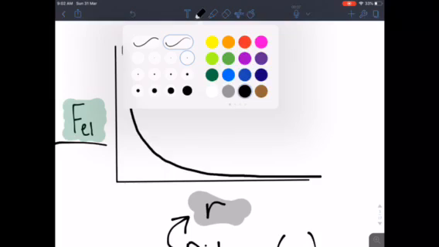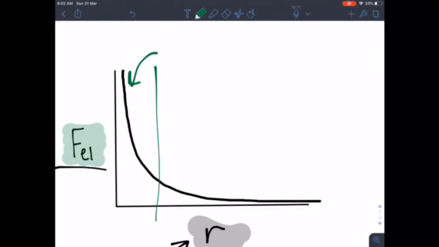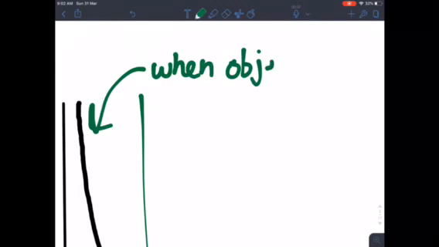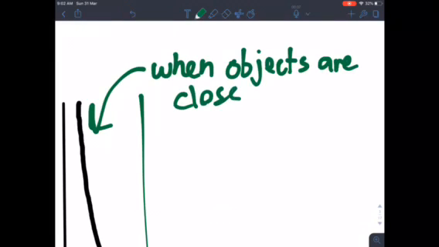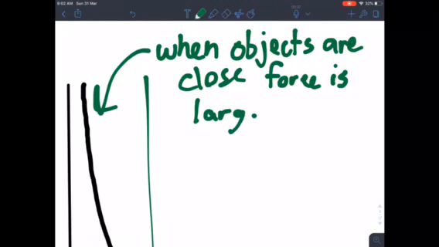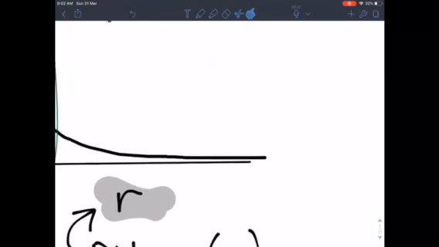Now, what that means, and what I want to highlight, is that if you look at this section of the graph right here, when the objects are close, really zoom in here, the forces become extremely large. Whereas over here, you can see this big dip, and then you get to this spot over here.